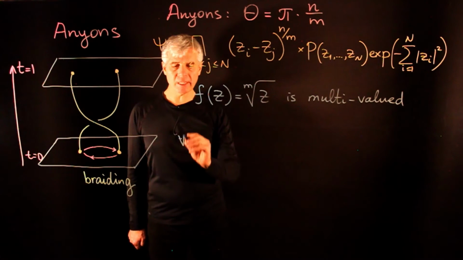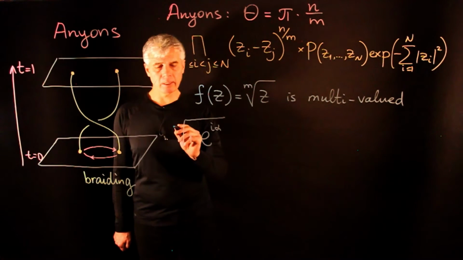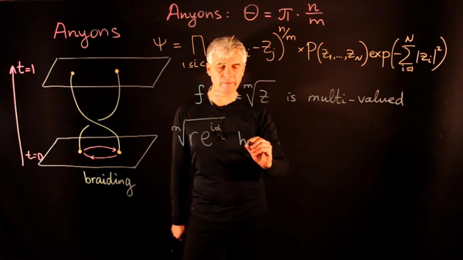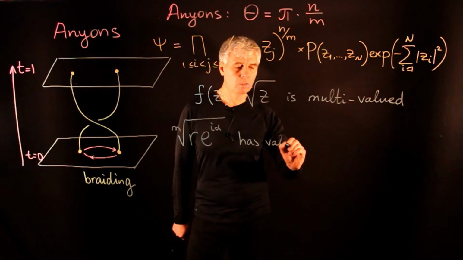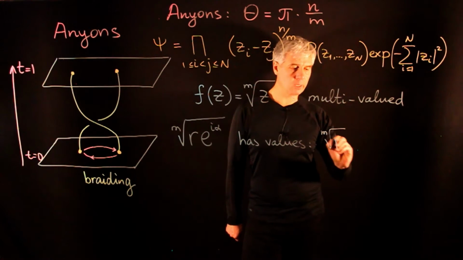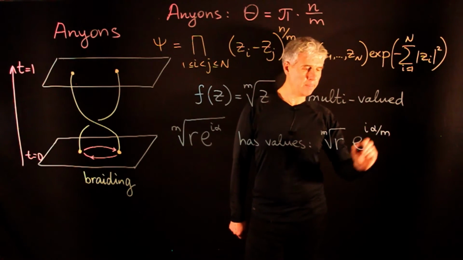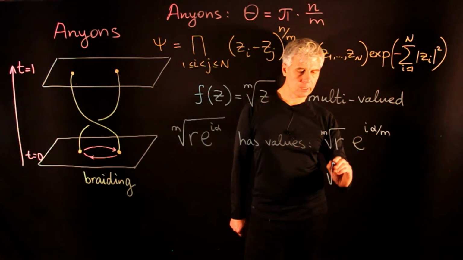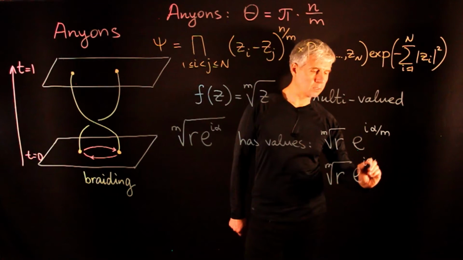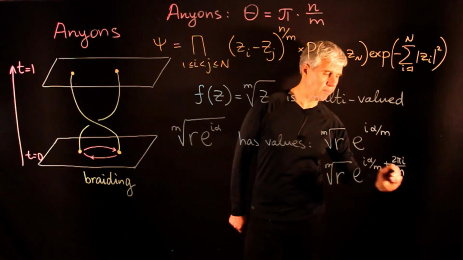If we write the complex number in the polar form r times e to the I alpha, then if we want to extract the mth root of this, it has several values. These values are the mth root of r as a real number times e to the I alpha divided by m, but also the mth root of r e to the I alpha divided by m plus 2 pi I divided by m.